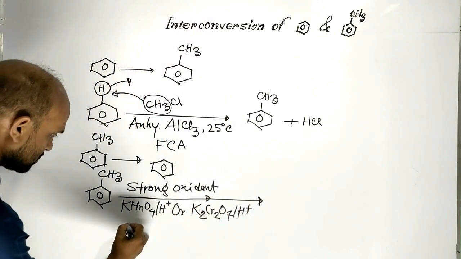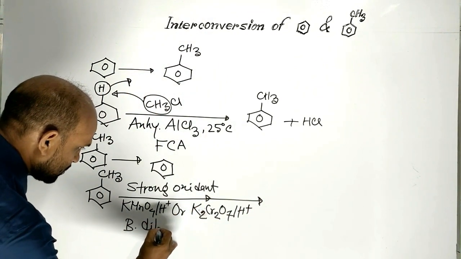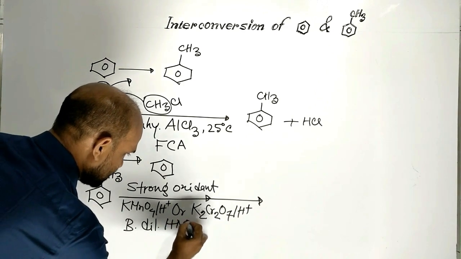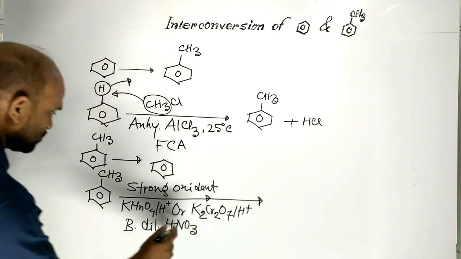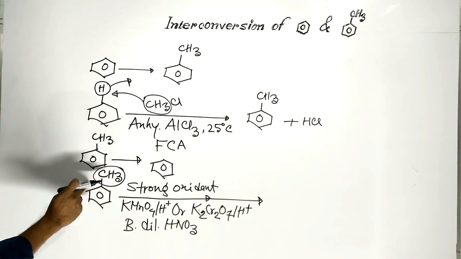Or we can use boiling dilute nitric acid to oxidize side chain of toluene.